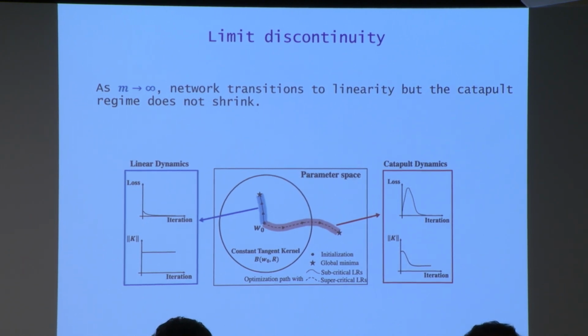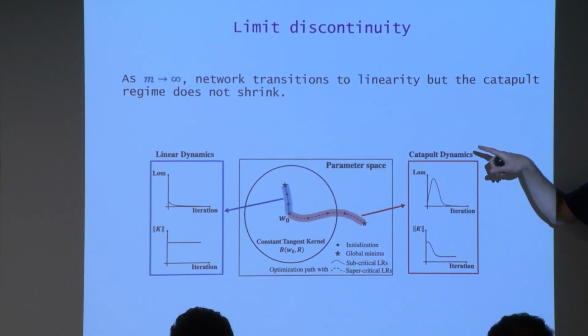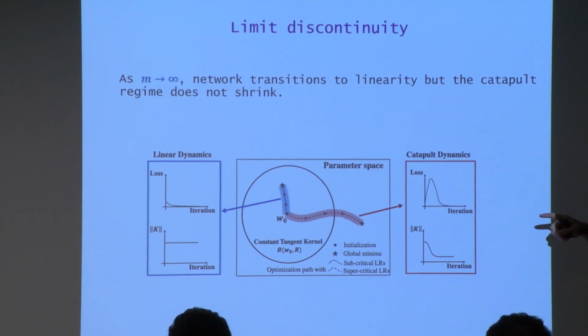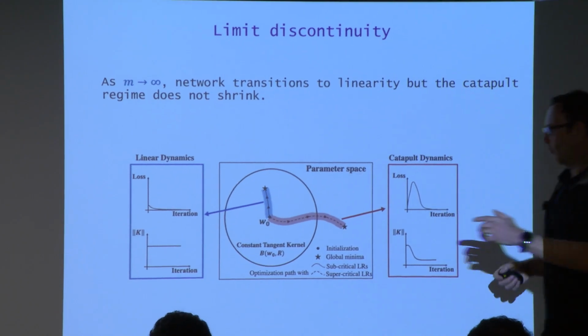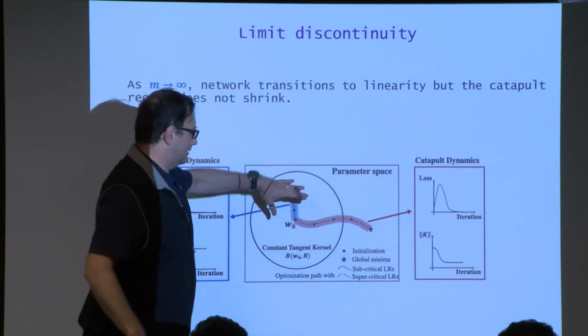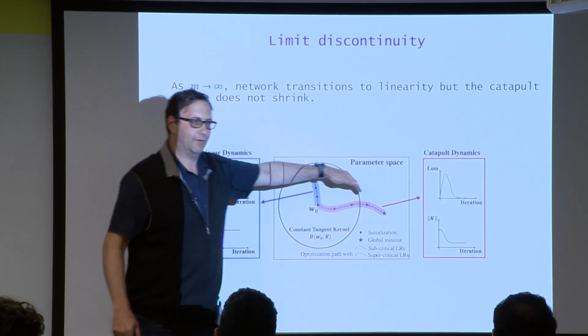But what is happening is that even as the network goes to infinity size, and as this thing becomes more and more linear, this thing doesn't shrink. This regime stays. And you always have this kind of catapult behavior with large eigenvalues, and you always have this convergence.